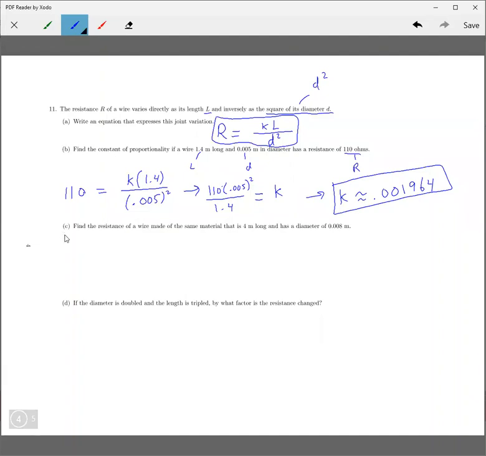Okay, so part C. Find the resistance of a wire made of the same material that is 4 meters long and has a diameter of 0.008. So our L is 4 and our diameter D is 0.008. Now this is our K, so we can put that K right there.